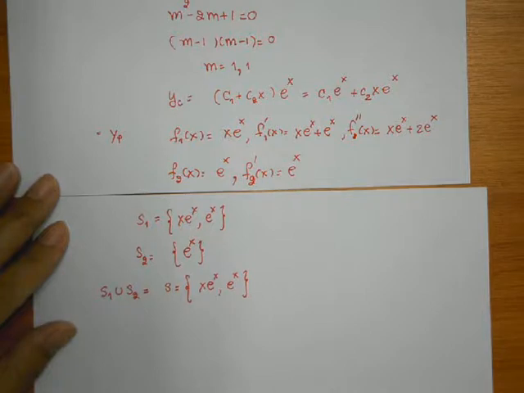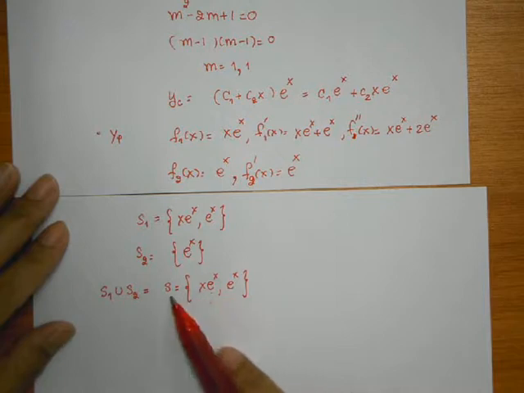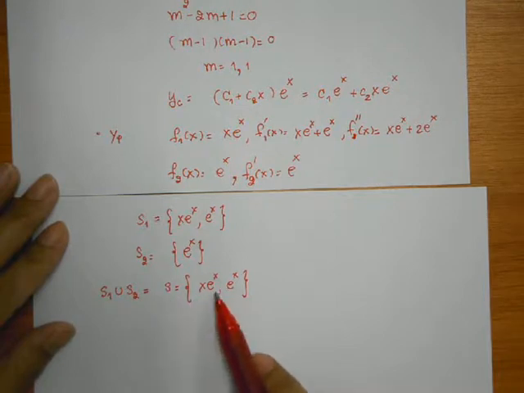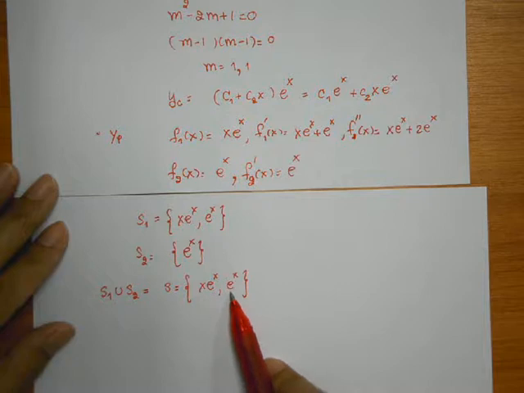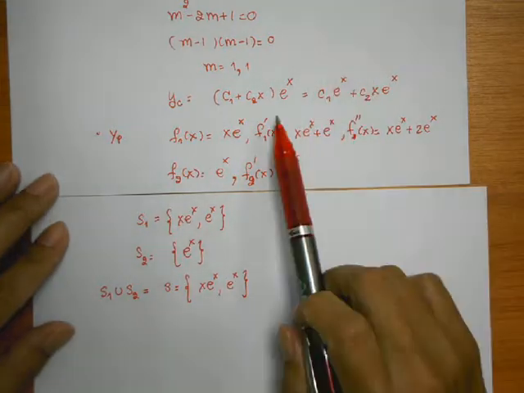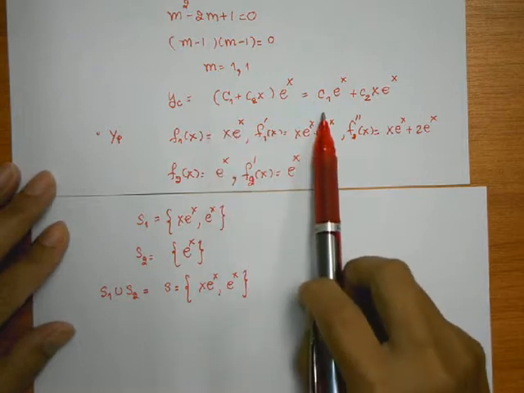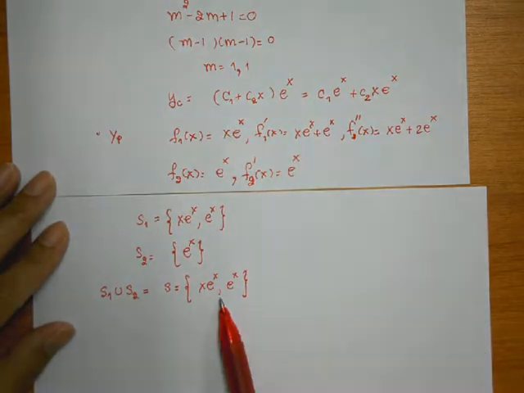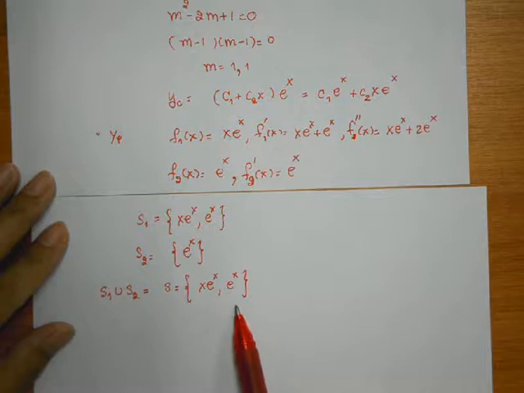And this one, if the functions inside this UC set are not repeated or are not the same as the functions in yc, then you can assume yp as the summation of these functions.